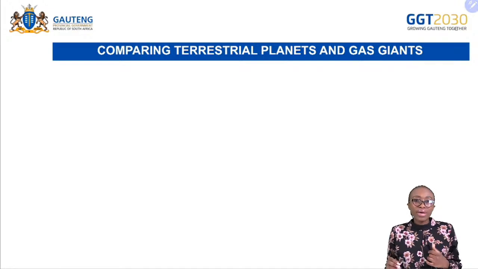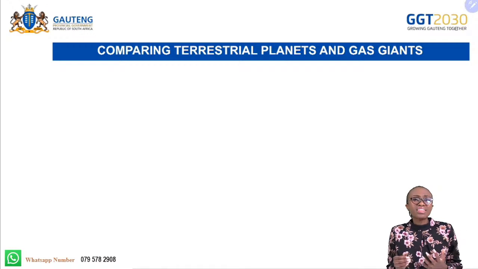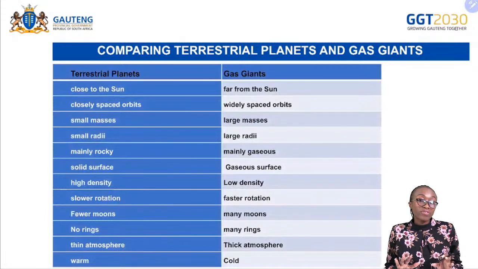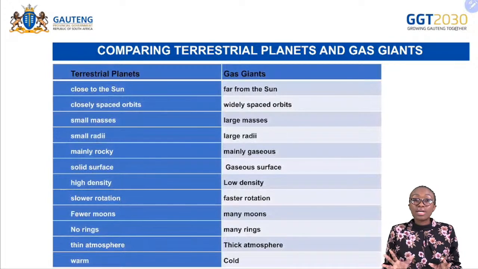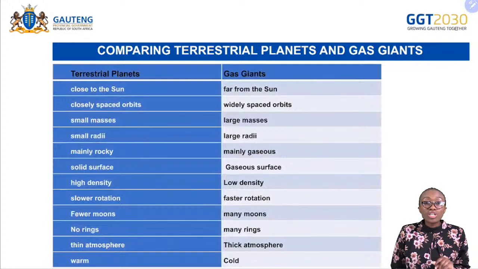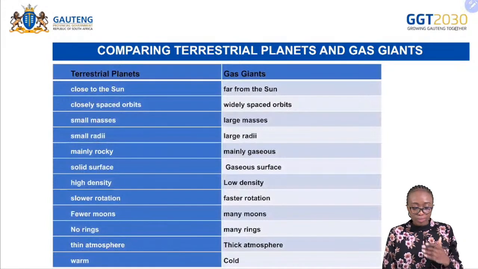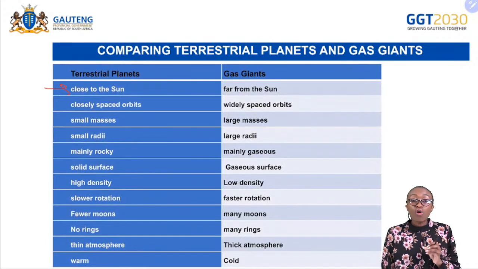Now let's compare the terrestrial planets and the gas giants. What are the differences between the two? I'm going to pull up a table here. On the left column, we've got the terrestrial planets, and on the right column, we've got the gas giants. So the terrestrial planets, which are the first 4 from the sun, are close to the sun.